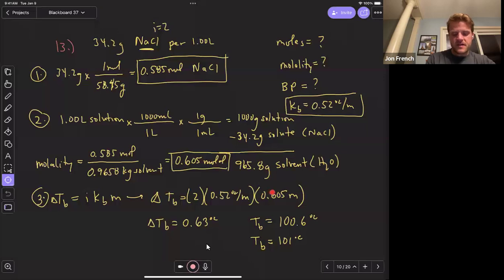With the molality that I just found, 0.605, my change in boiling point is 0.63, and my initial boiling point was 100 because it's water. So like 100.6. This question asks you to answer it to 3 significant figures, so let's just round that 100.6 to 101 degrees Celsius for question 13.